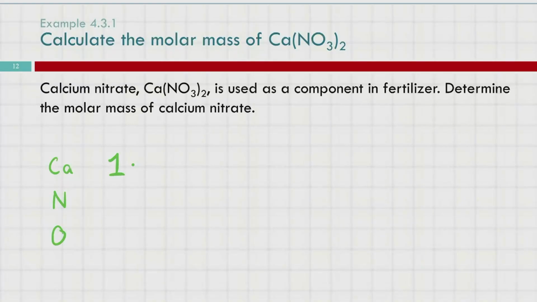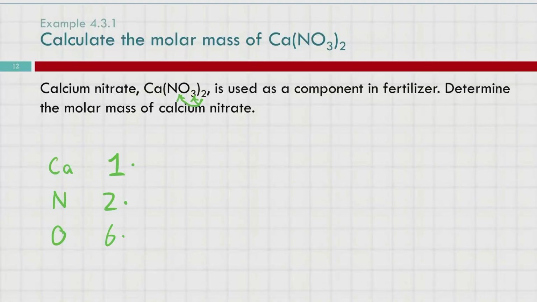How many nitrogens do we have? We have 2 nitrogens because we've got 1 in NO3, but we've got 2 of them. So this 2 multiplies across to the numbers that are inside. So we've got 2 nitrogens. And we've got 3 oxygens per nitrate. We've got 2 nitrates, so 2 times 3. We've got 6 oxygens.